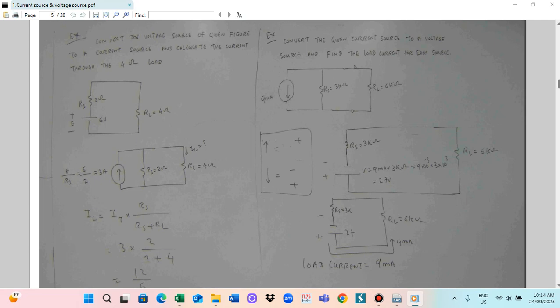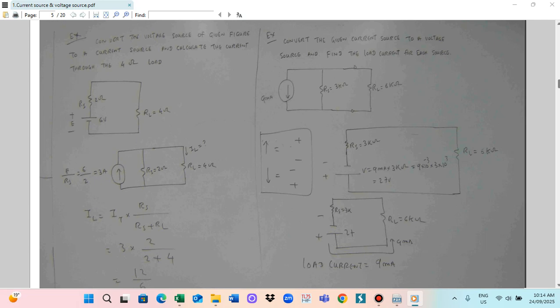So RS is equal to 3 kilo ohm, and RF is equal to 6 kilo ohm. And we calculate that 27 is 9 milliampere times 3 kilo ohm, that is 9 into 10 to the power minus 3 into 10 to the power 3. So then you get 27.